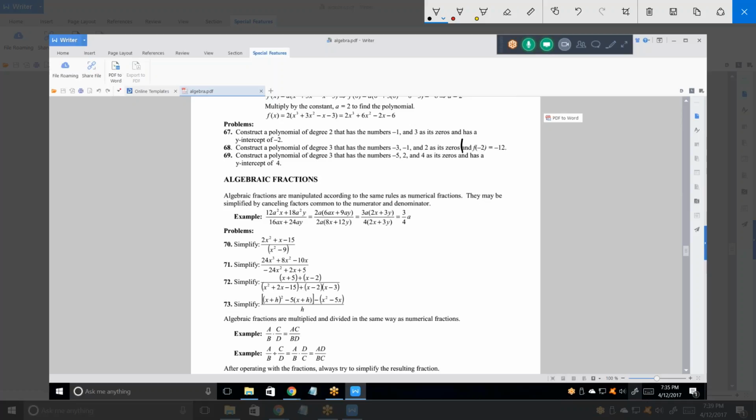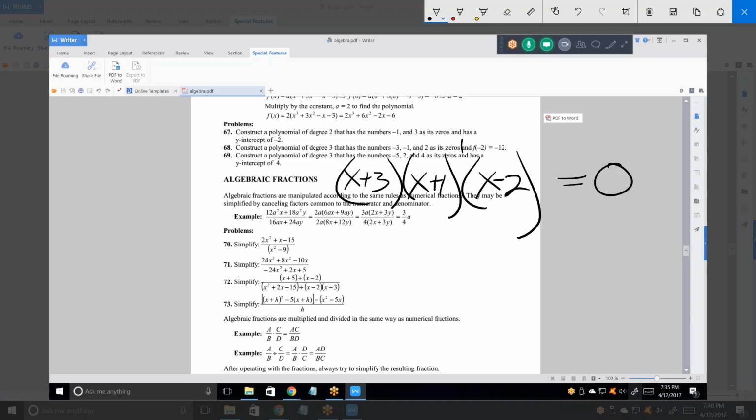First of all, give me that. x plus 3, x plus 1, and x minus 2. And now that's equal to 0. It's also equal to f of x. Now, they're saying that f of -2 has to be equal to -12.